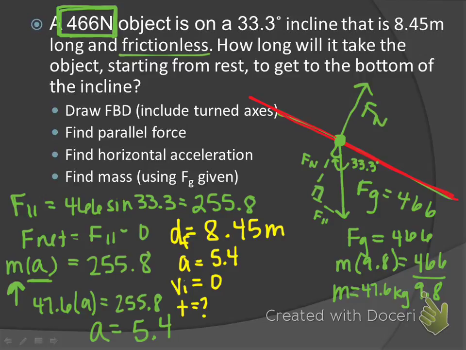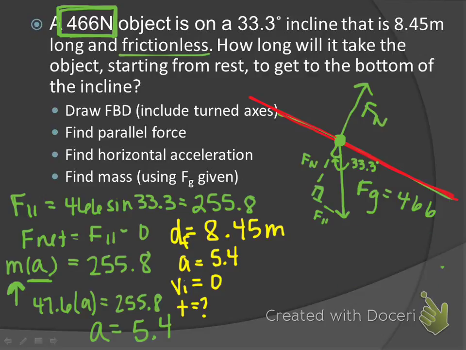Which one? The first one, we don't have final velocity. So probably the second, right? The second one, we don't need final velocity. We know our initial displacement is just 0, right? DI is always 0. Okay? So I'm going to get rid of some of this here so I have some room.